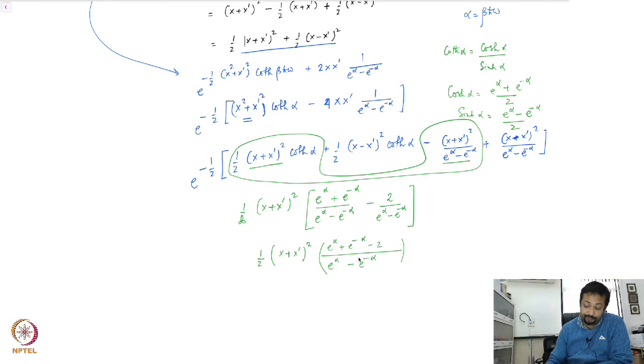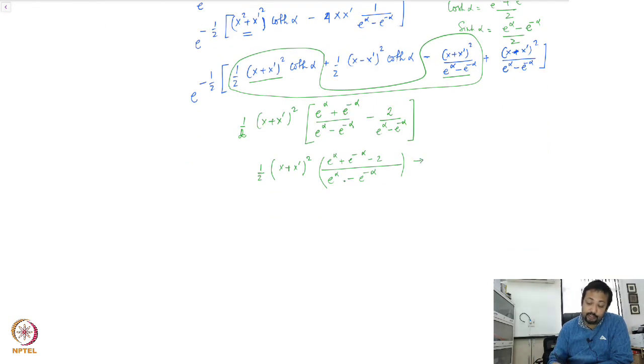Now this expression, if you follow it carefully, you see the denominator is like a square minus b square, which I can write as (e to the power alpha by 2 minus e to the power minus alpha by 2) times (e to the power alpha by 2 plus e to the power minus alpha by 2).